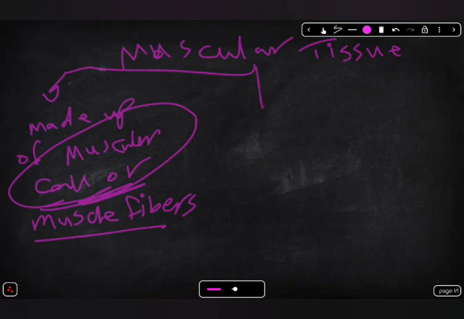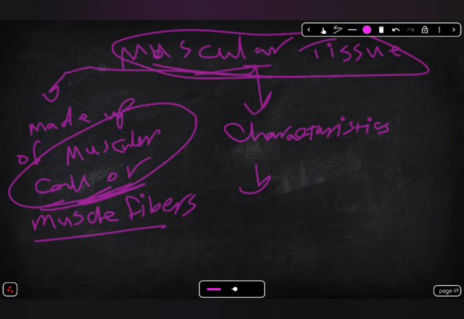Number 2, the characteristics. I know that the muscular tissue or the muscular cells very important to my movement. Okay, the muscles has the ability to contraction and relaxation.